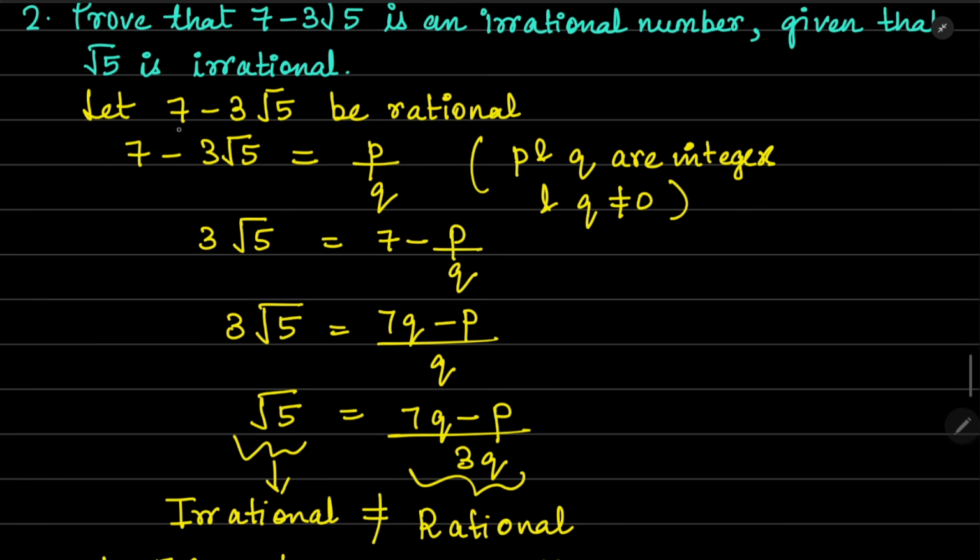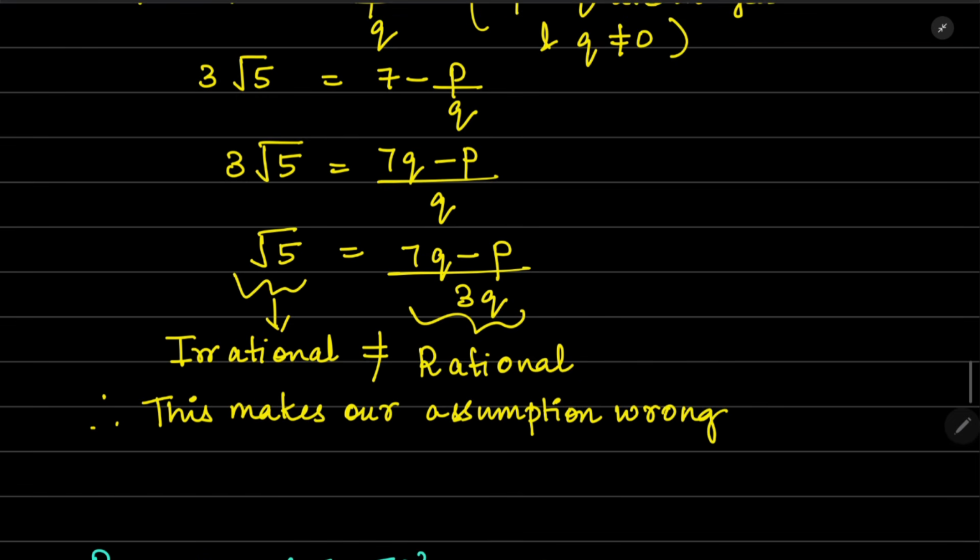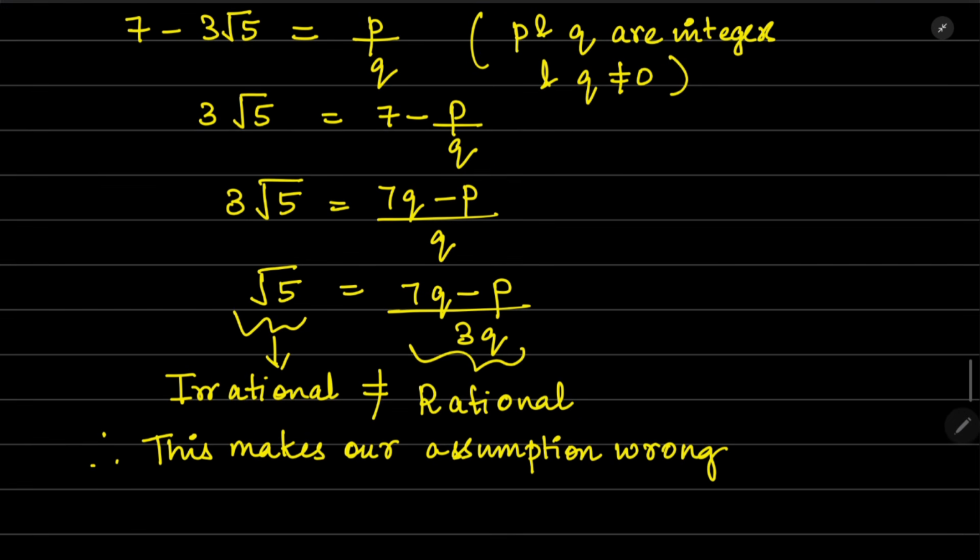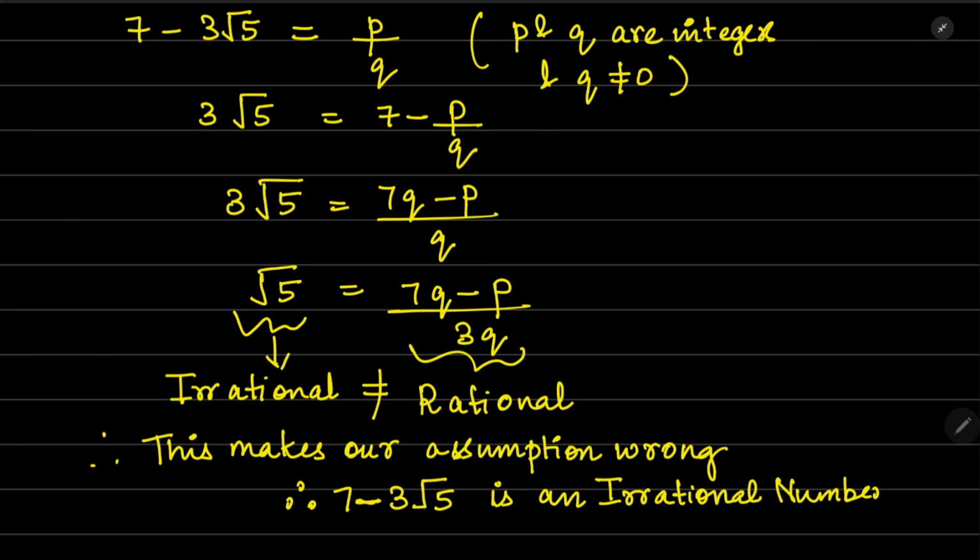We assumed that 7 minus 3 root 5 is rational. So this assumption happened to be wrong. Therefore, 7 minus 3 root 5 is an irrational number. Hence proved.